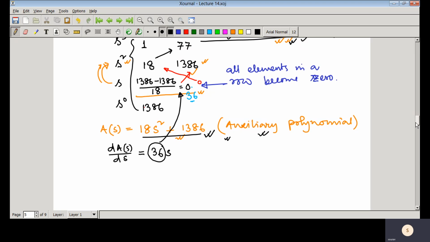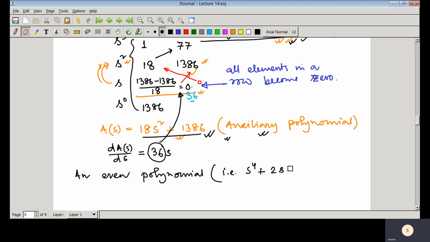a particular result, that is an even polynomial. What is called an even polynomial? For example, say s to the power 4, all the terms are with even power.